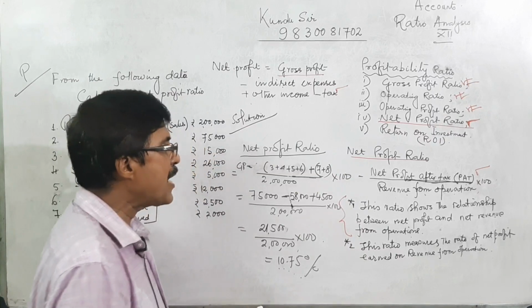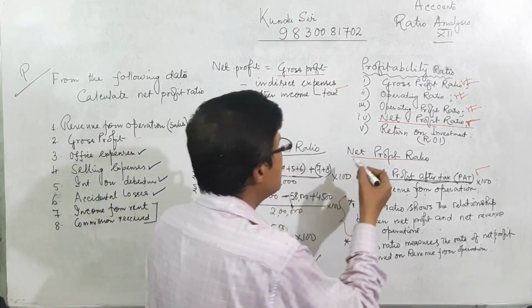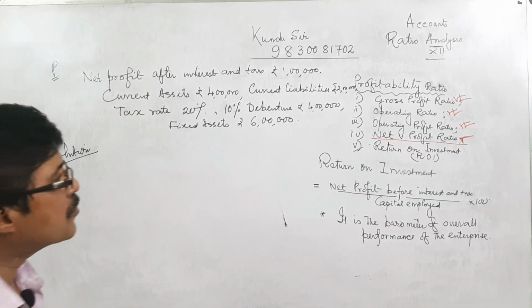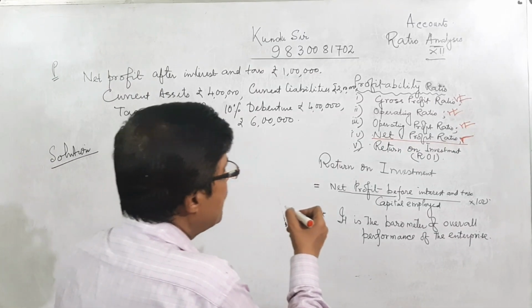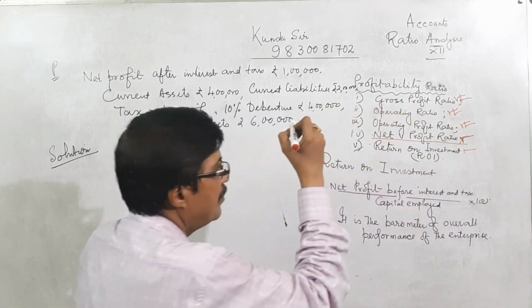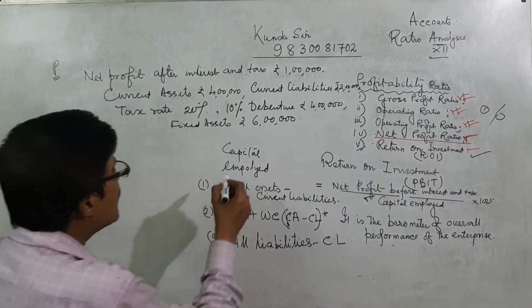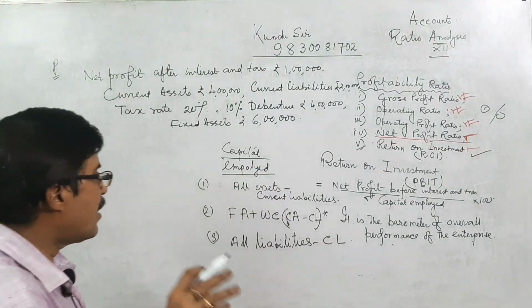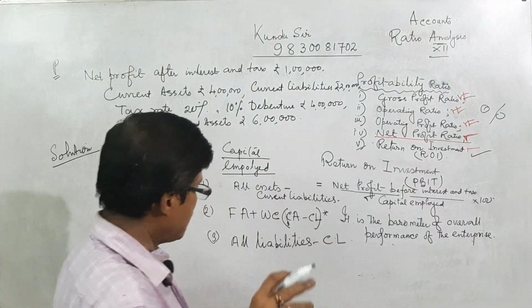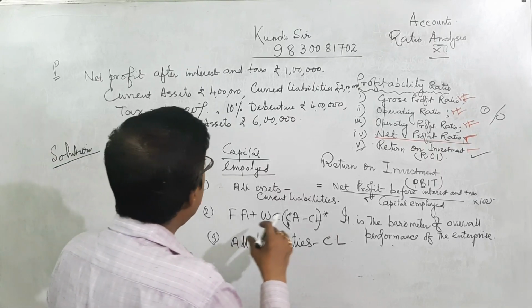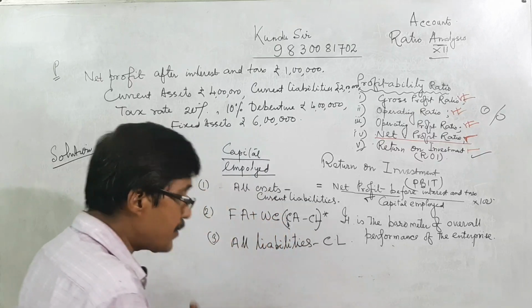The next topic is return on investment. Now I am going to start return on investment. Capital employed is simple to calculate: all assets minus current liabilities, or fixed assets plus working capital, or all liabilities minus current liabilities.